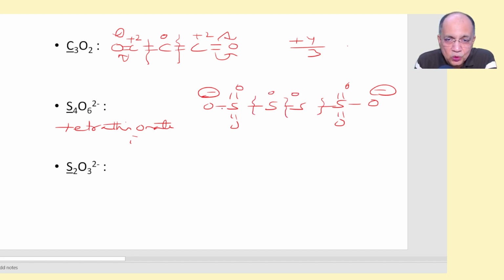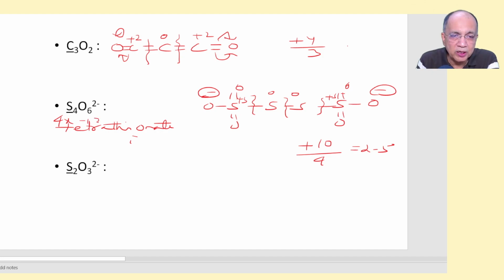And this will lose 5 electrons. So plus 5. This also loses 5 electrons. So this is plus 5, this is plus 5, this is 0, 0. So we are getting 10 by 4 or 2.5. X method, you are getting 4x minus 12 is equal to minus 2. So x is 10 by 4, that is plus 2.5.